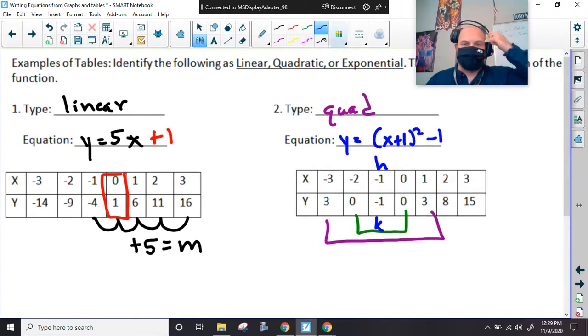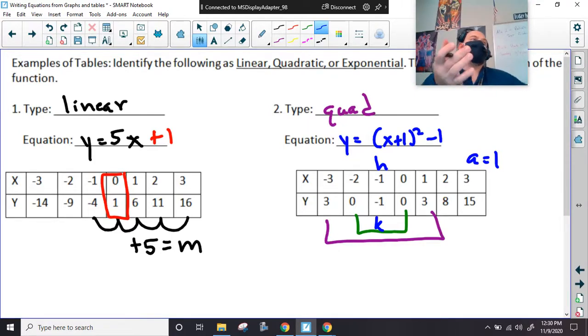Now, to find our a value, okay, let's look right here. It's -1. How do I go from -1 to 0? Add 1, yeah. So our a value is 1, so you could write a 1 right there, or you don't have to. It's understood that if there's not a 1 right there, it's understood to be 1, okay?